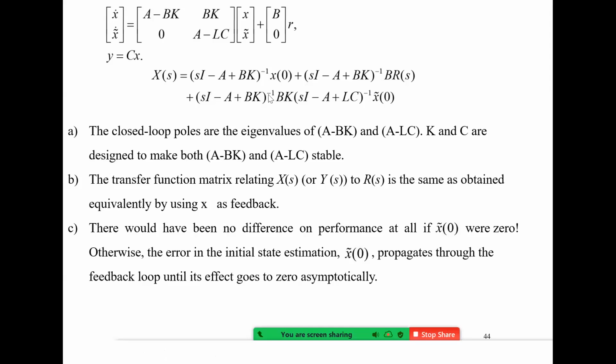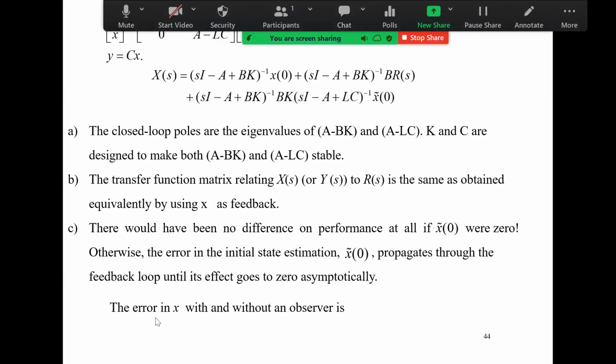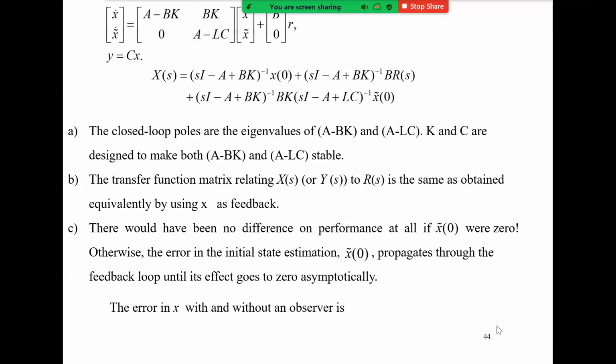But we know it will go to zero if we look at this. In the Laplace transform, the poles will be contributed by those two matrices, and we know the poles are stable. So the whole term of this one will go to zero. Therefore, the difference, the error in x with and without observer, is just this term: the inverse of this matrix times Bk times the inverse of this matrix.